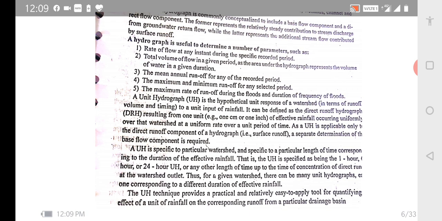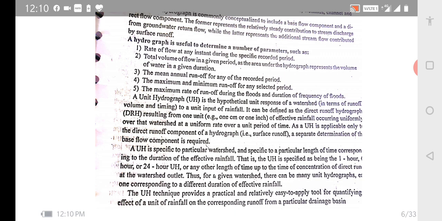The hydrograph is useful to determine a number of parameters, such as the rate of flow at any instant during the specific recorded period. Now we have seen a 1 year period. In that 1 year period, you can see for any month what the rate of flow is. Then the area under the hydrograph represents the total volume of flow in a given period.